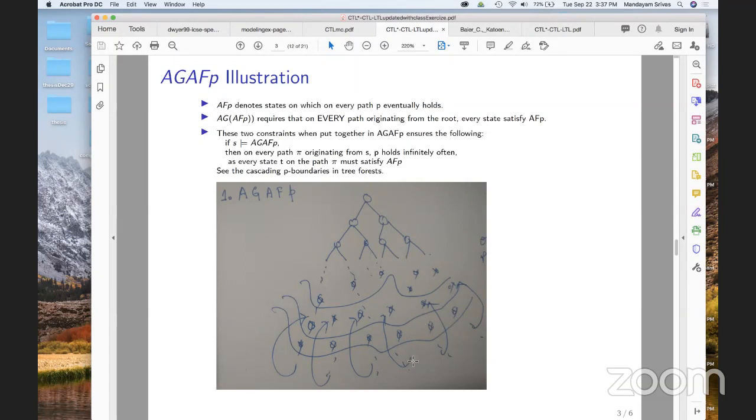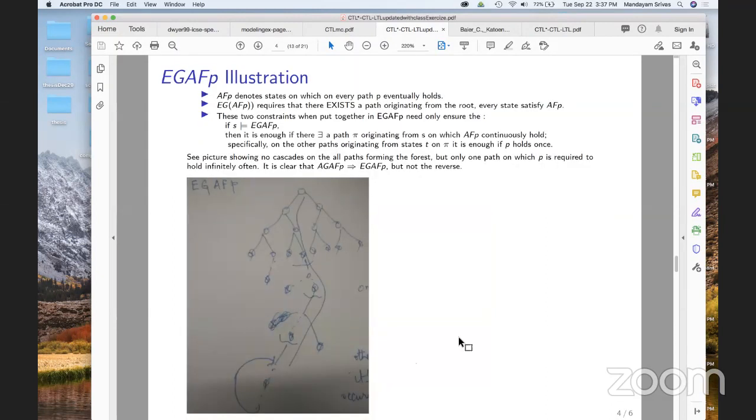That's another thing I indicated for finite systems. So EG-AF of P really requires that there exists a path in which globally every state has to be such that AF of P is true of it, which means that from every state, on every path eventually P holds good.